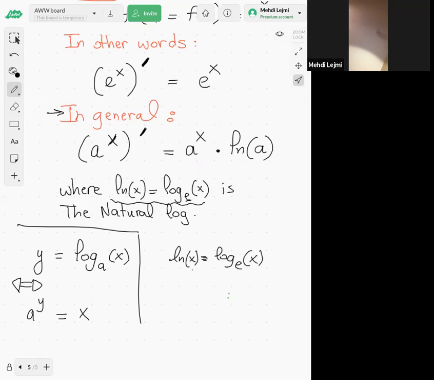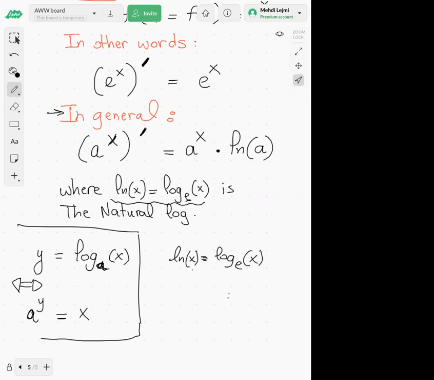So if it's equal to y, then the base a to the power y would be equal to x. This is the definition of a logarithmic function, and I'm going to talk about this next time.